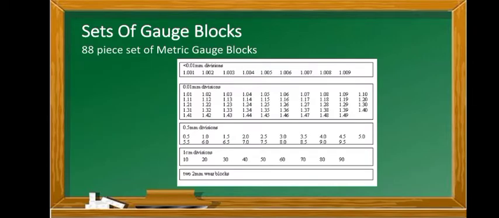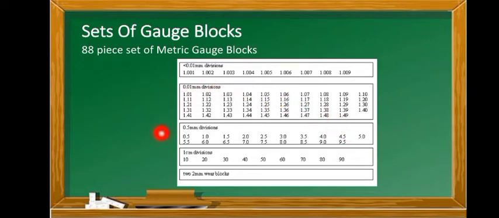And we also have here the 88-piece set of metric gauge blocks, also including the 2 wear blocks. So on the first group of blocks with 0.001 millimeter divisions, this contains 9 blocks from 1.001 to 1.009. On the second box or group of blocks with 0.01 millimeter divisions, this contains 49 blocks from 1.01 to 1.49.